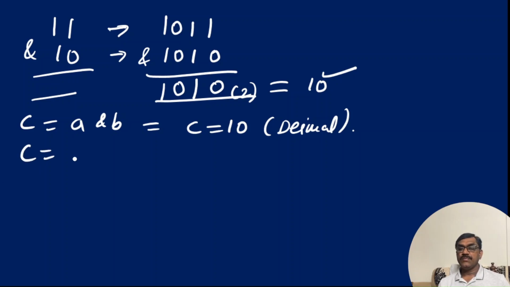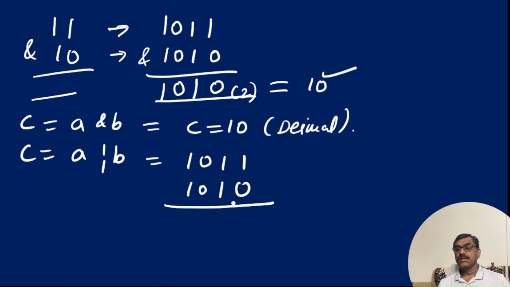Similarly, if you perform bitwise OR operation, C equals to A or B, what are we going to get? Same logic, 1011, 1010. But here we are using bitwise OR operation. So it is like a plus operation: 1 plus 1 is 1, 0 plus 1 is 1, 1 plus 0 is 1, and 0 plus 0 is 0.